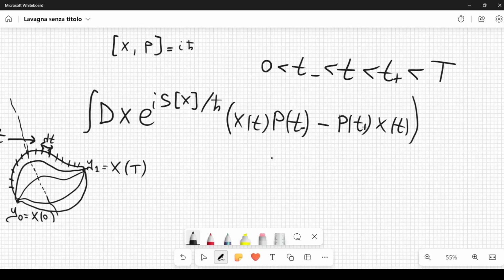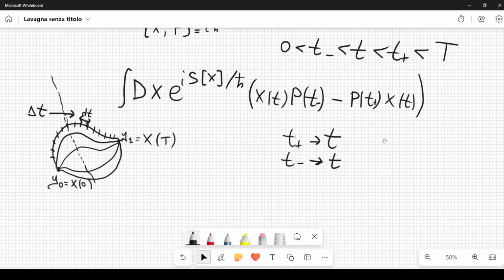We will take the limit, of course, where t plus will go to t. So t plus will become closer and closer to t from the right, as you can see. And t minus will also go closer and closer to t, so from the left in this case. And now we will see what we are going to get.